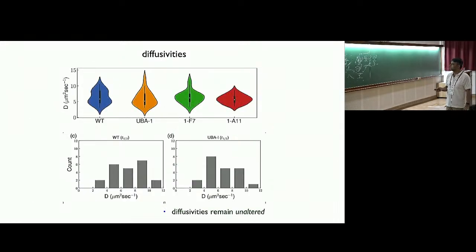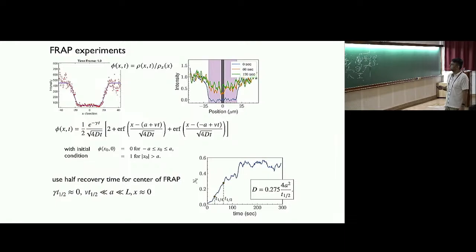Here, the diffusivity is the fitting parameter. You can fit all the others too, but we are not trying to extract those numbers from this graph. What you can fit is the diffusivity and the degradation rate gamma.